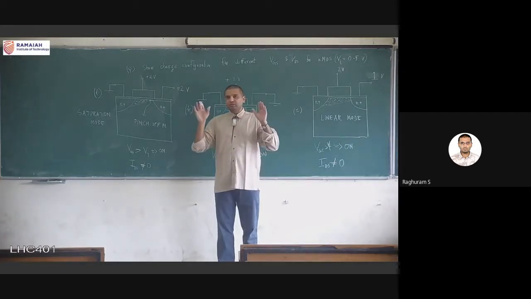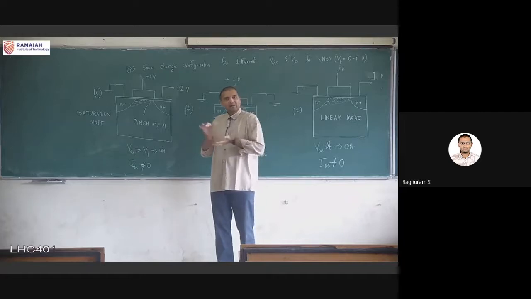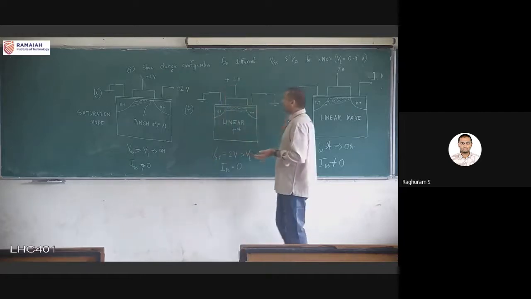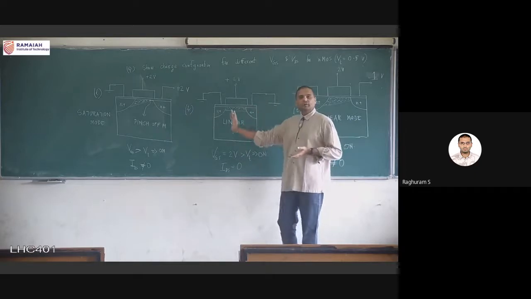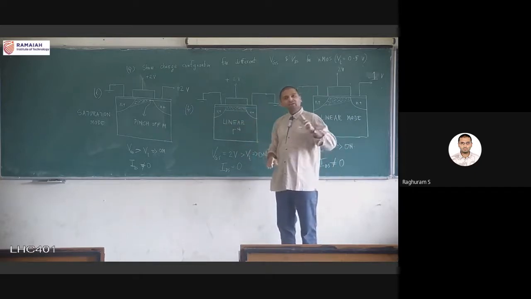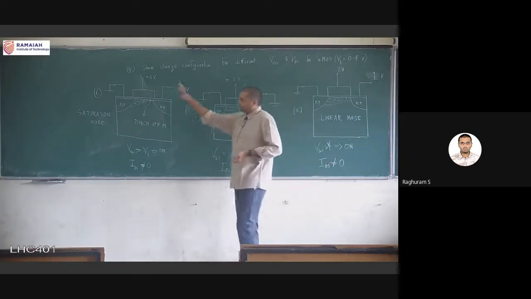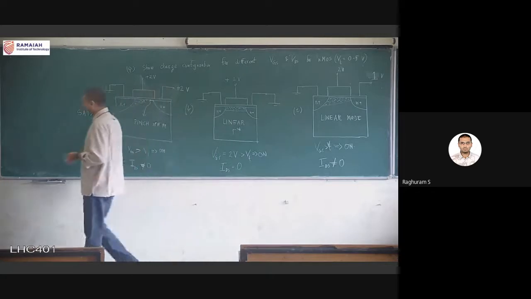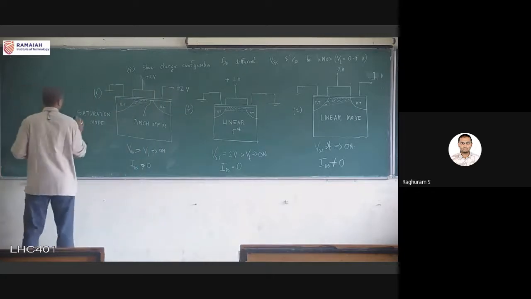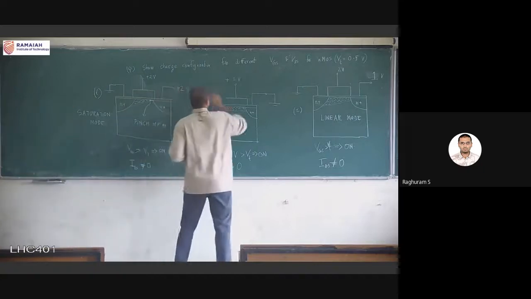The most important thing to remember for the properties of the transistor: if the drain voltage is low and the transistor is on, it is usually in linear mode of operation. If the drain voltage is high and the transistor is on, it is usually in saturation mode of operation. So we can list the conditions here. I will write them down. I will erase this middle diagram.